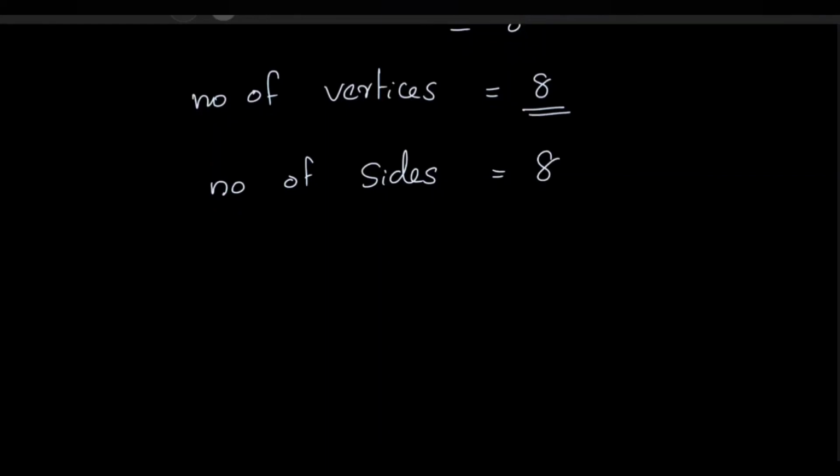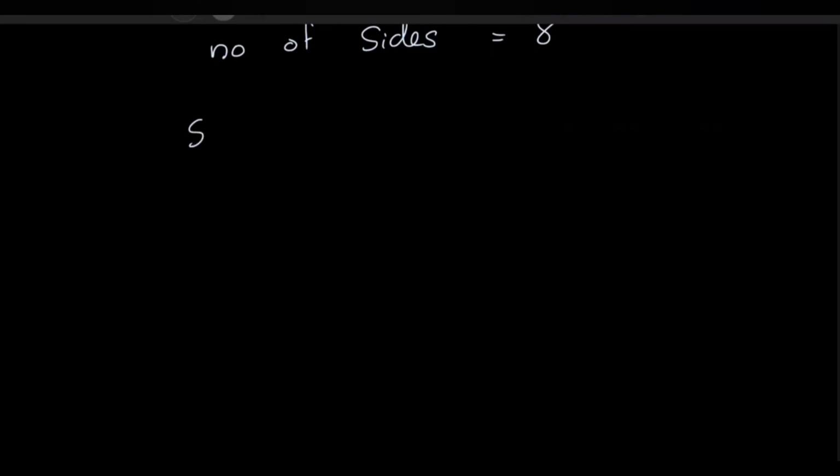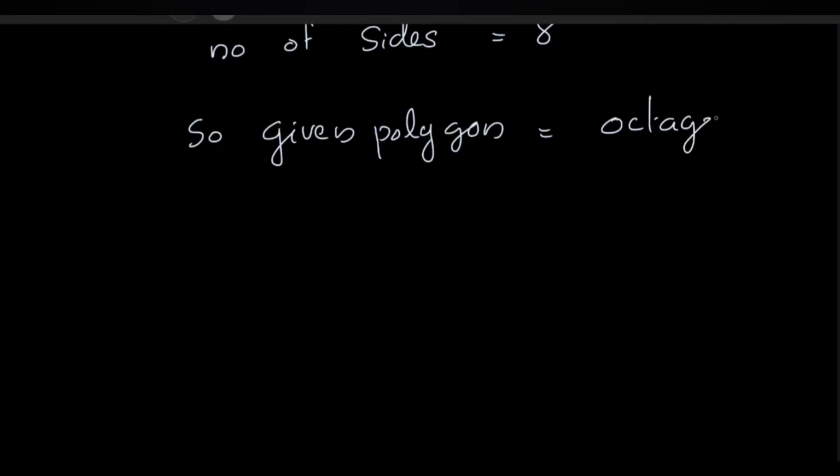It has 8 sides. So the given polygon is 8-sided, that means an octagon. This is one problem related to our question.